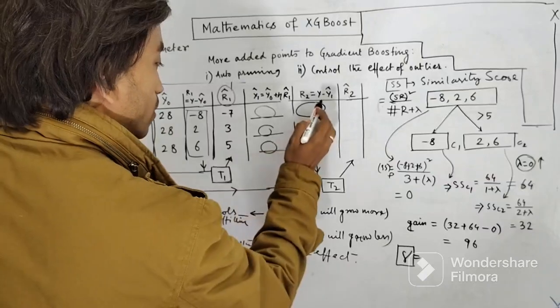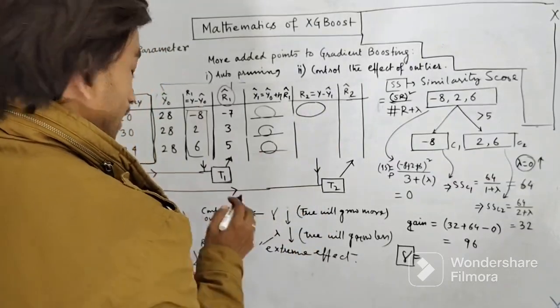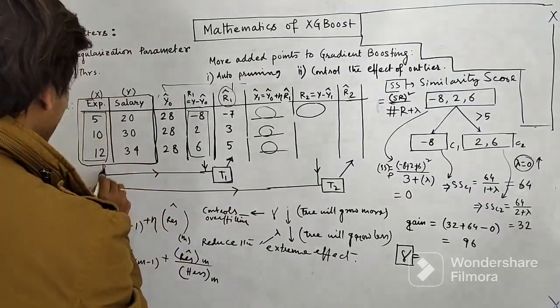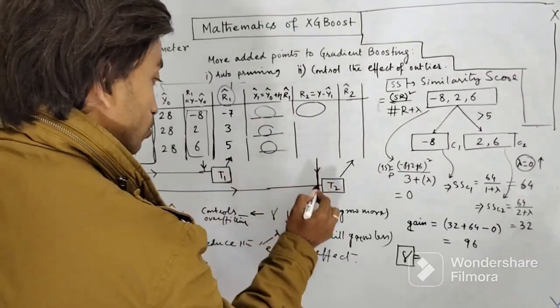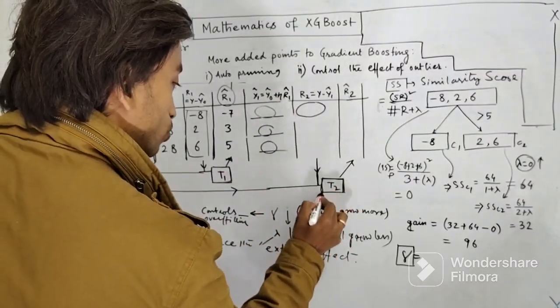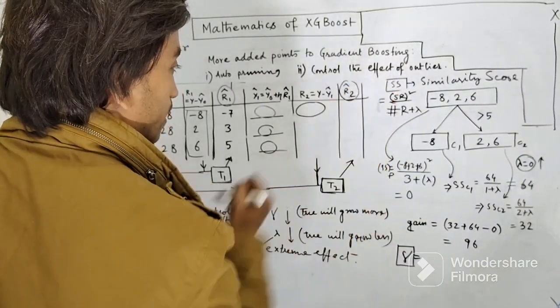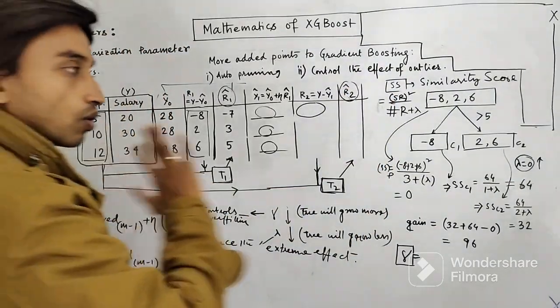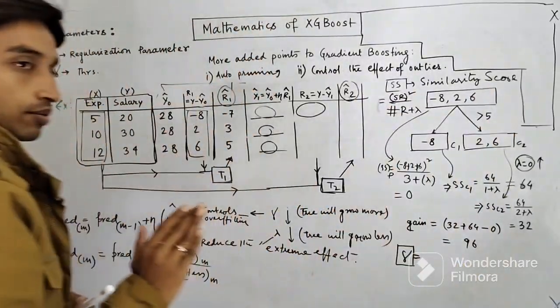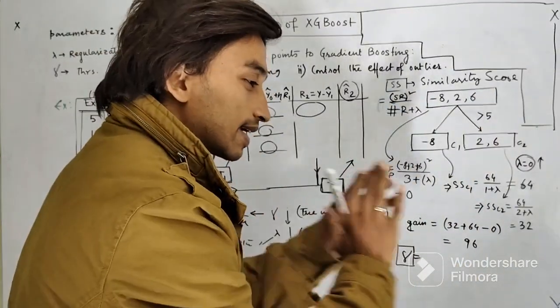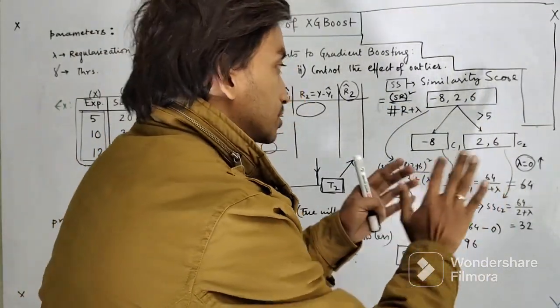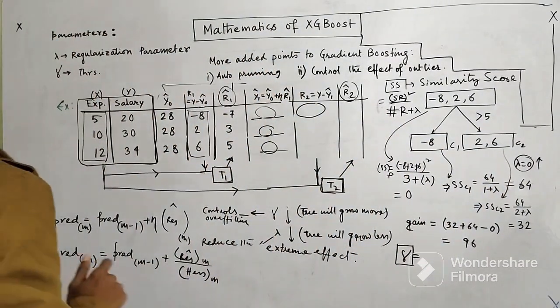So you will have all these r2 values, and again from x and r2 you fit t2 and get r2 hat. Then you just go on and on, up to the nth step.